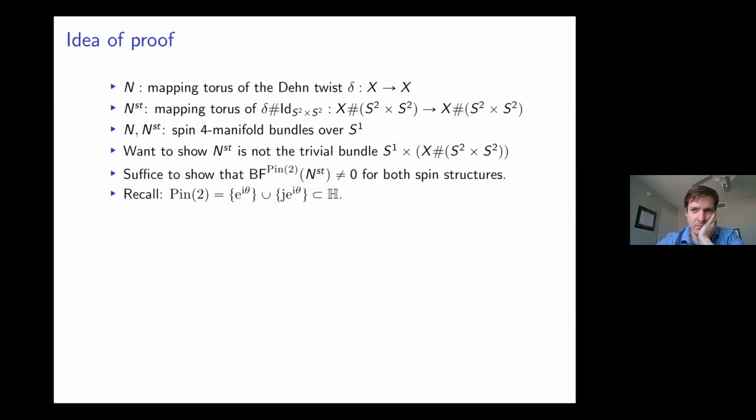And here, let me recall that this Pin(2) is just a one-dimensional Lie group sitting inside. Can I ask you a question? Sure. Is it not true that the s-cobordism theorem holds for dimension 5? So this has to be a trivial bundle, since the pi1 of X connected sum S2 cross S2 cross S1 is Z, as a smooth manifold. I don't think the s-cobordism theorem is true in this dimension, right?